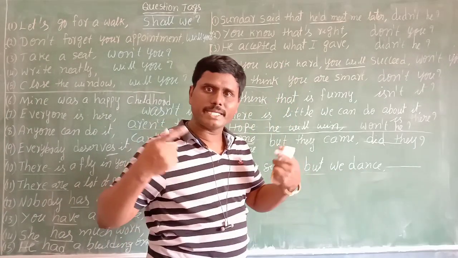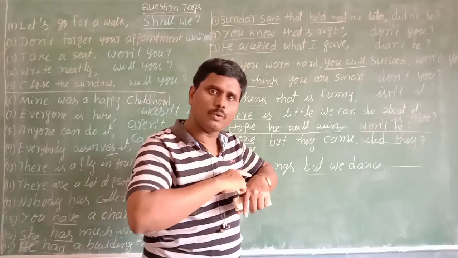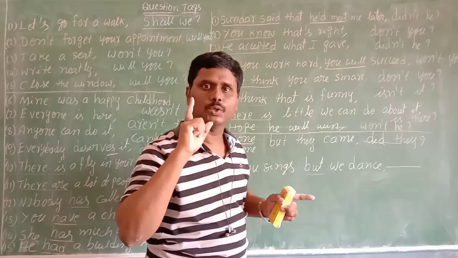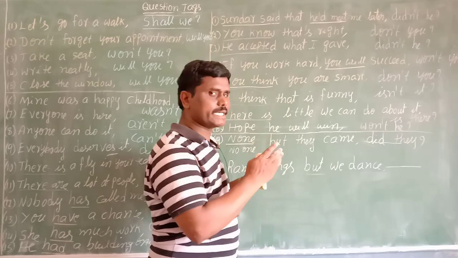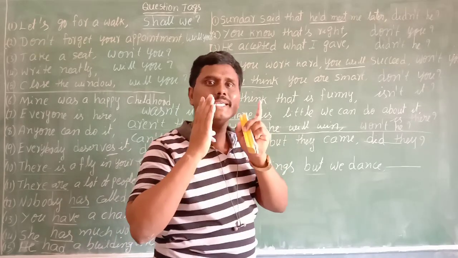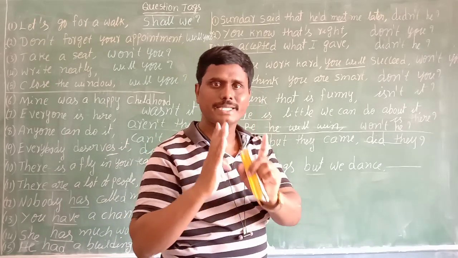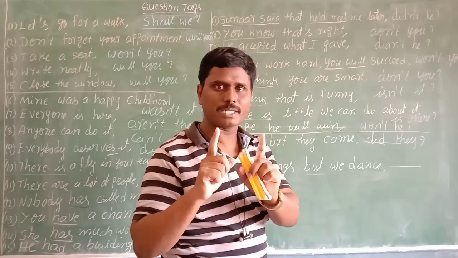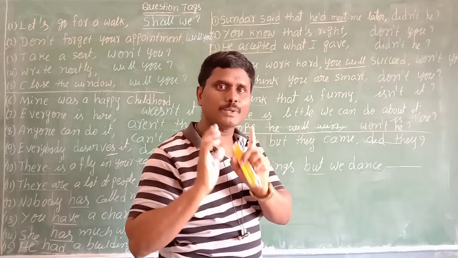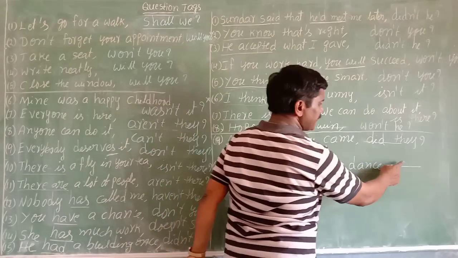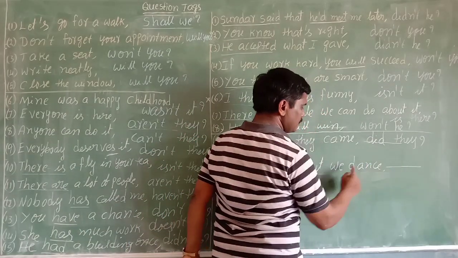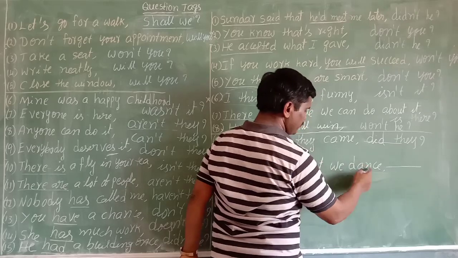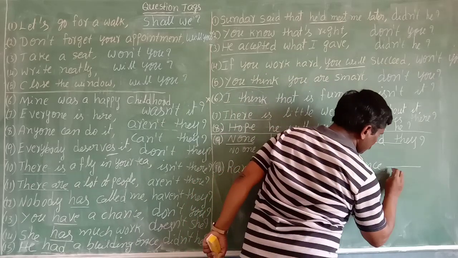If we are asked to write the question tag for the whole sentence, then the rule is the question tag goes with the nearest clause, nearest subject and verb. This rule is applicable only to compound sentences. For example, the dash is given here. So we dance. Dance means verb one.